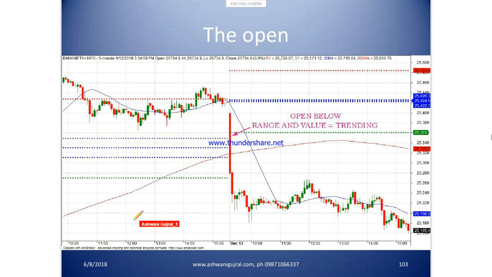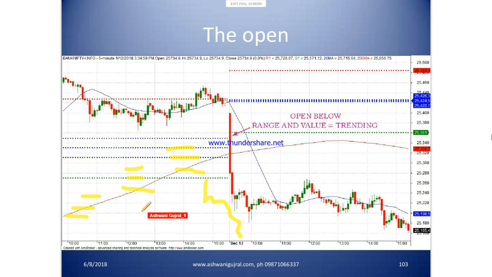This is another example. Now what happens if the pivots were moving on the upside, you were in an uptrend, and suddenly next day you have a gap down and the market starts to fall.